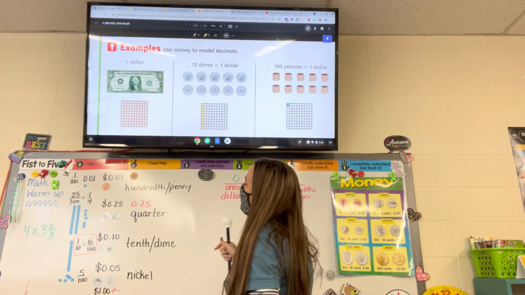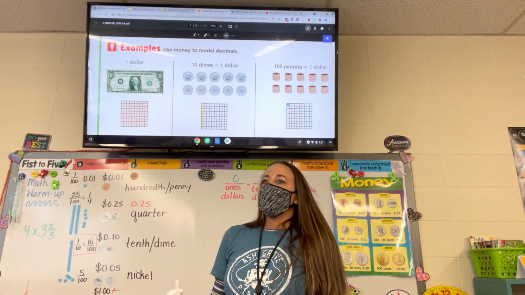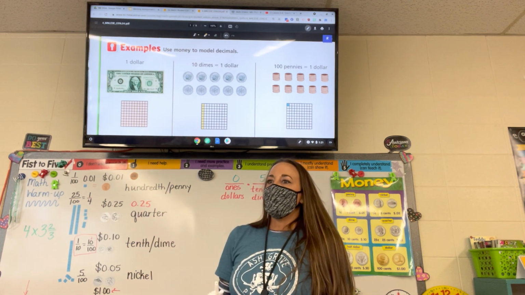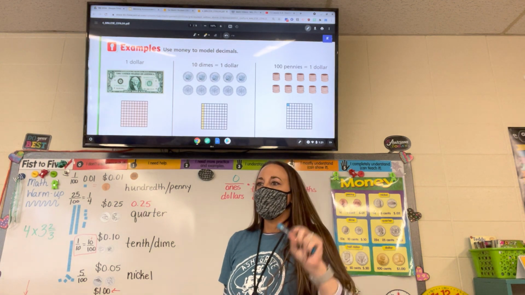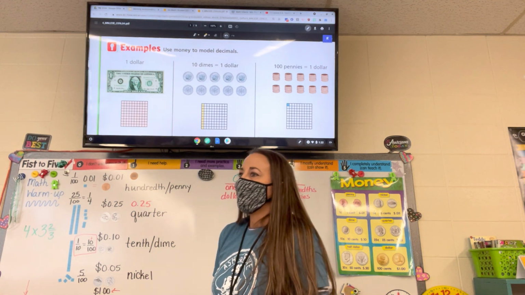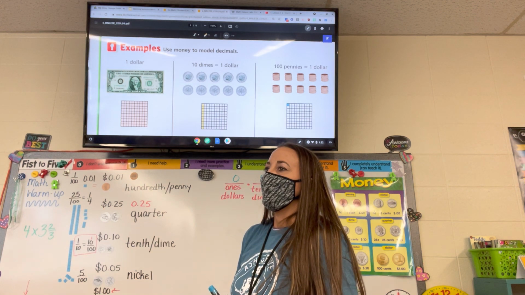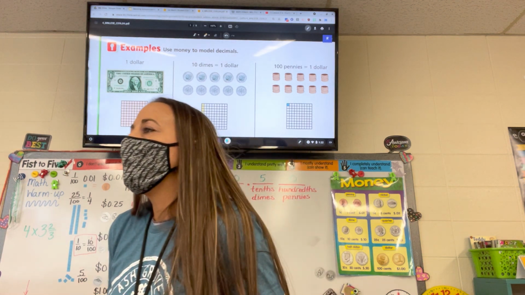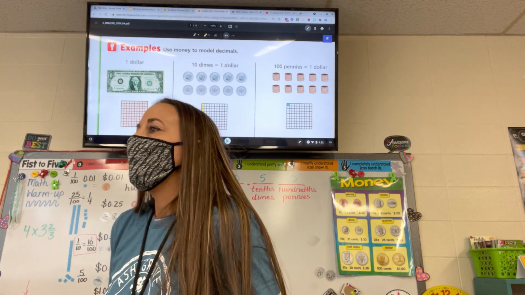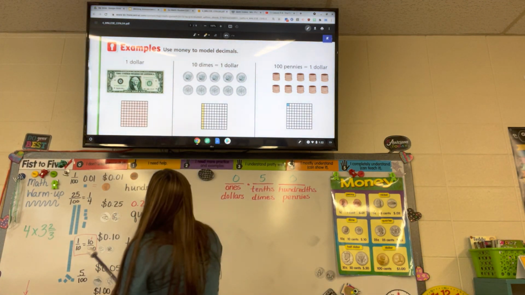So what fraction would you use to represent a dollar? If you had $1, what fraction would you use, Ella? 100 over 100.